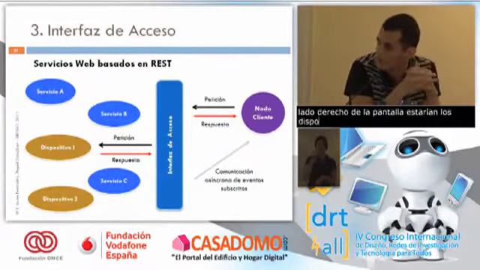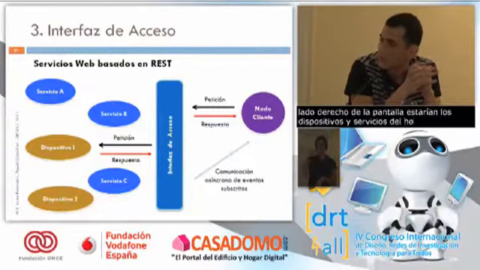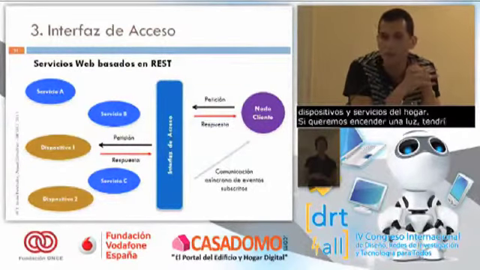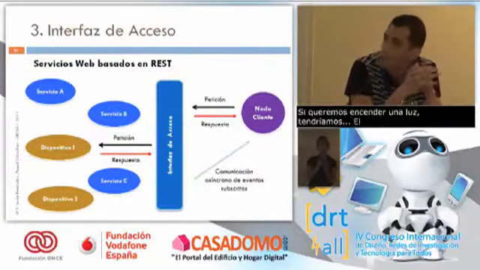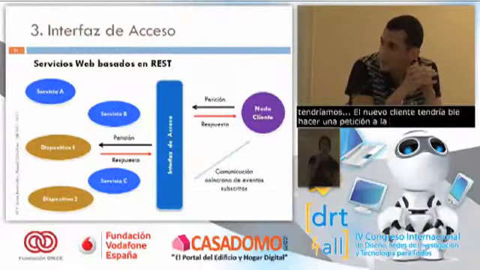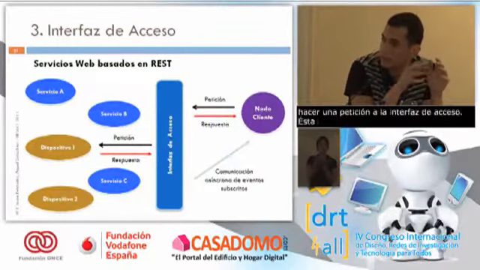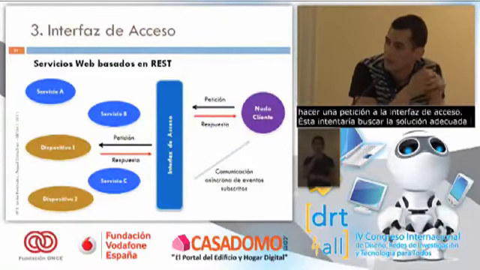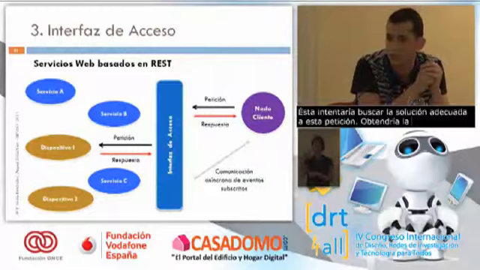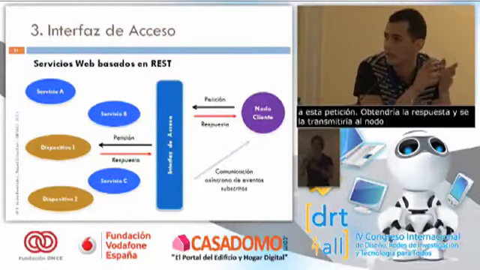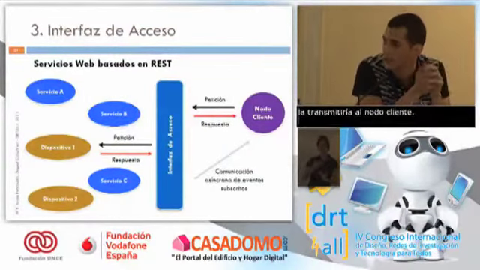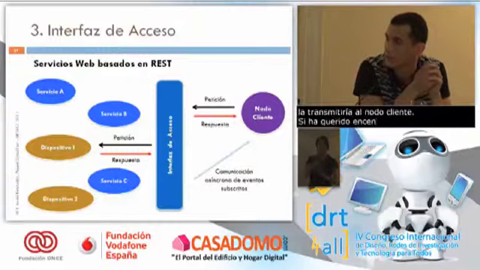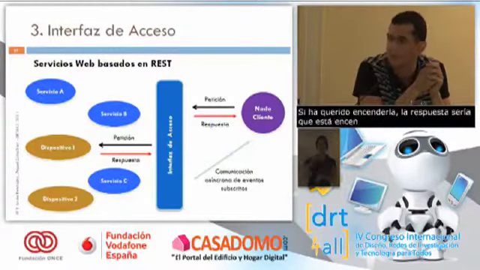For example, if you want to switch a light on, the client asks the access interface to put through your request, the system tries to find the response, and we get a response: light is on.